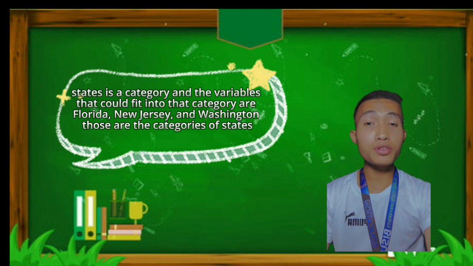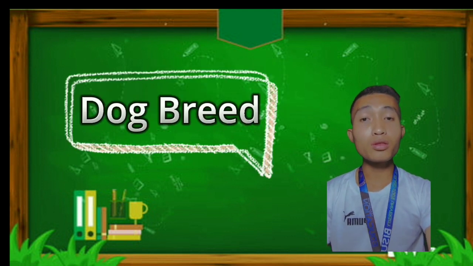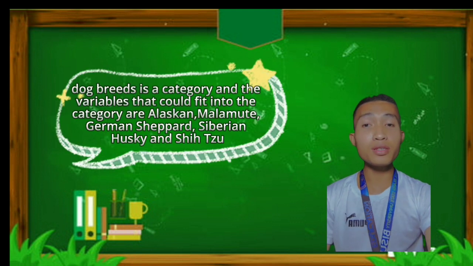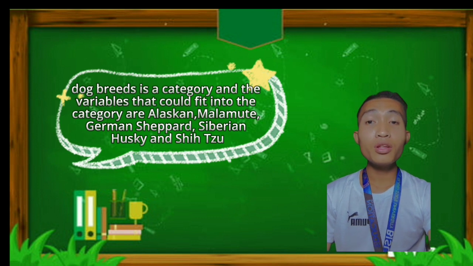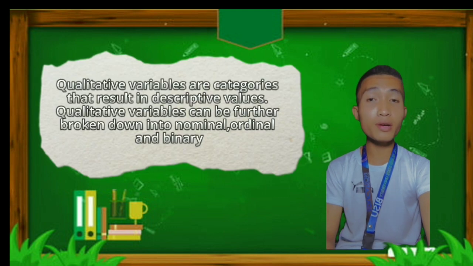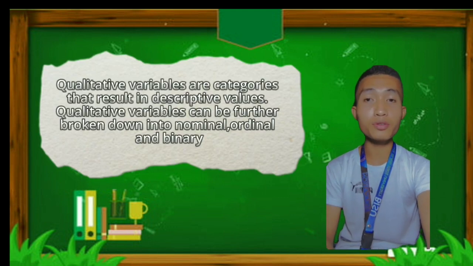Those are the categories of states. So, we have here the dog breeds. Dog breeds is a category, and the variables that could fit into the category are Alaskan Malinois, German Shepherd, Siberian Husky, and Shih Tzu. Qualitative variables are categories that result in descriptive values.